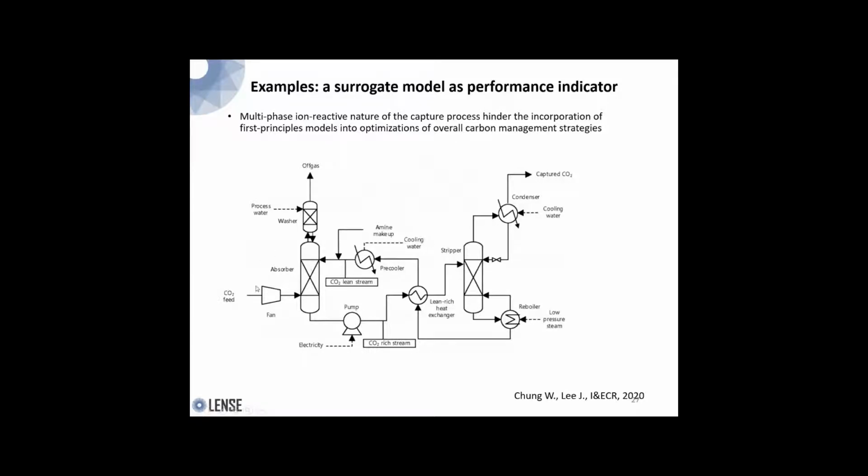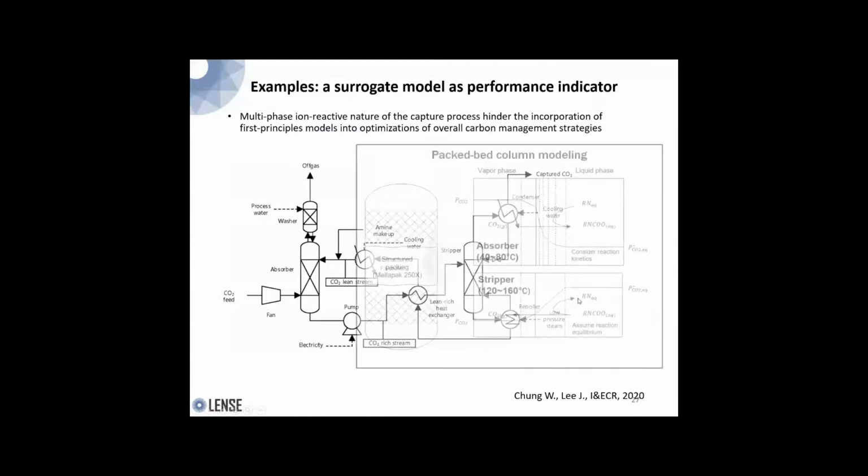So you have CO2 feed, and you're absorbing the CO2 with some sort of solvent, and then you are stripping it to separate out the dissolved CO2, and then you are recycling the solvent, essentially. So you've got an absorber and a stripper, and then there are some heat exchangers here for energy integration.